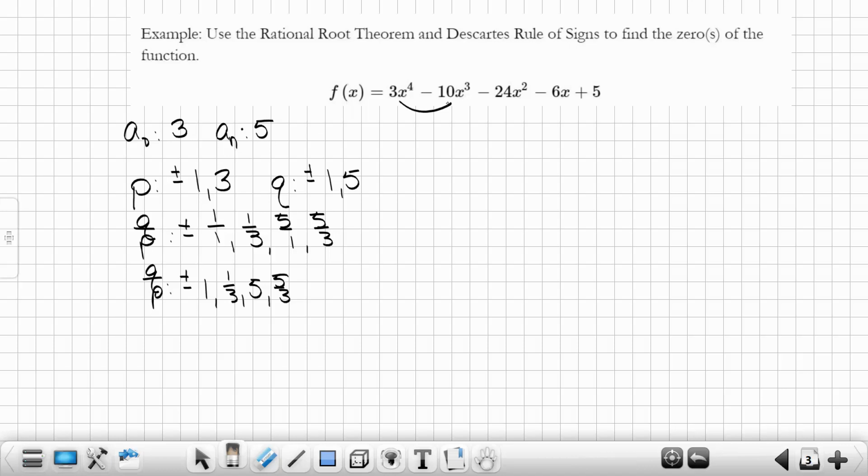Did I change? So I've got positive 3x to the fourth, then negative 10x cubed. I changed from a positive to a negative. Then I changed from a negative to a negative. That's not a change. Negative to a positive, that's a change.